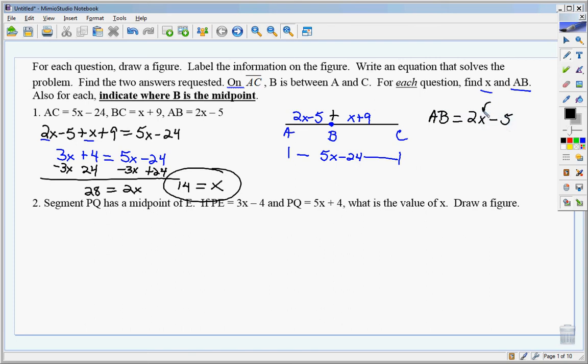So if I substitute in the 14, I have 2 times 14, which is 28, minus 5, which would be 23. So I now know that this length is 23 units long. If I plug it in here, I'd have 14 plus 9. So I can also see that this is 23 units long, which is why B is a midpoint.